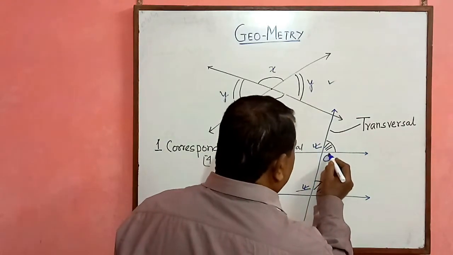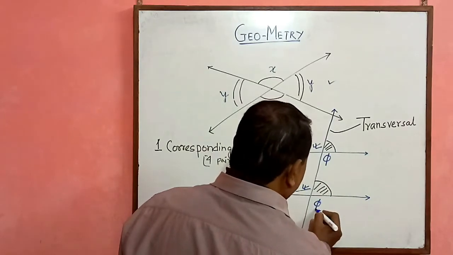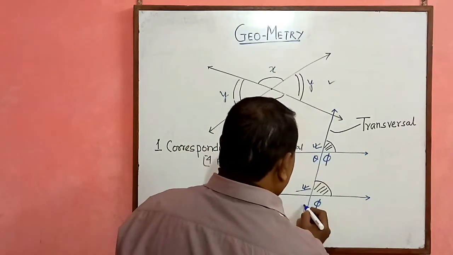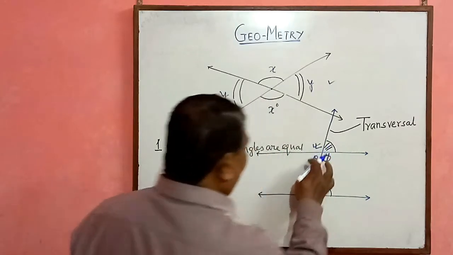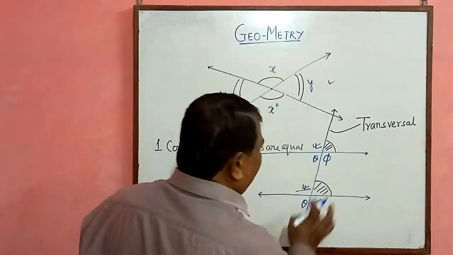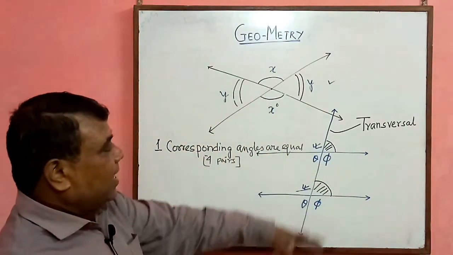Similarly, these two are also equal, and this angle is also equal to this angle. These are the 4 pairs of corresponding angles that are equal.